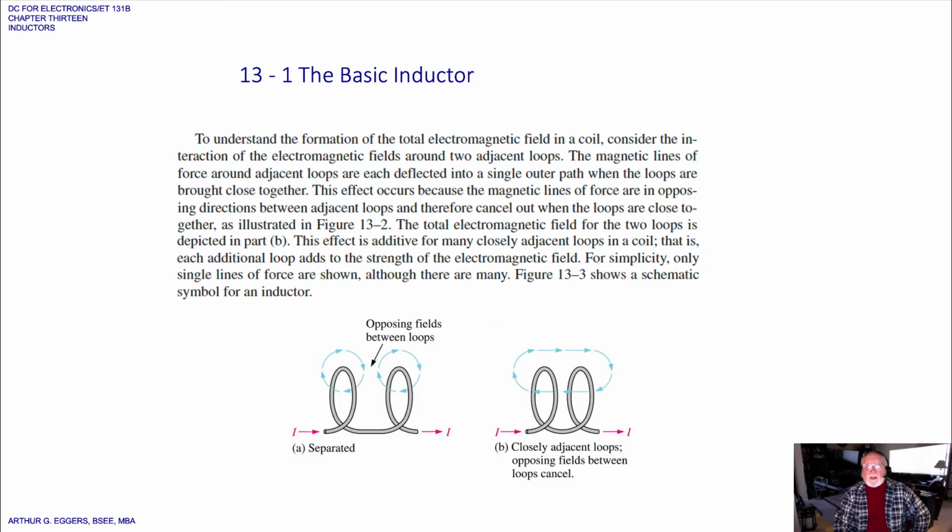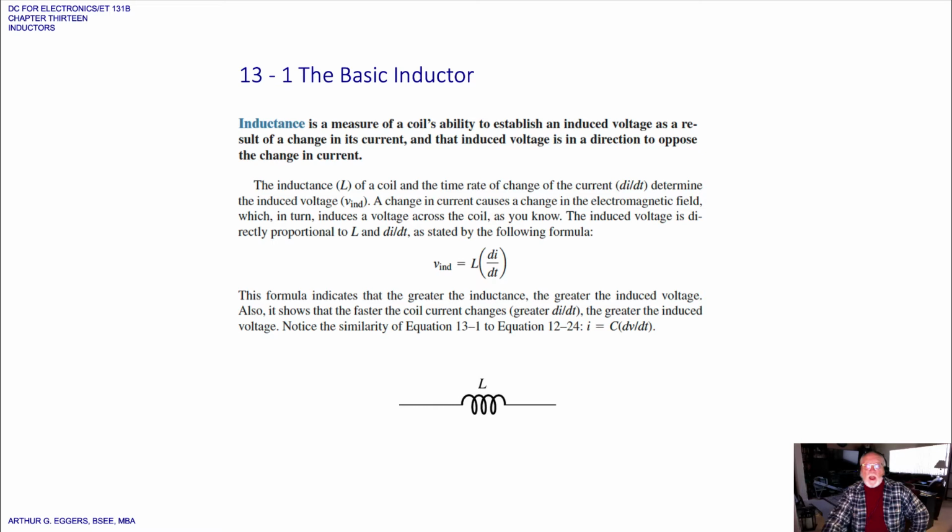So we've got a pictorial depiction here. Our actual schematic depiction of an inductor looks like this. So when you pull open a schematic, you're going to see something like the symbol we see on the bottom of the page here.